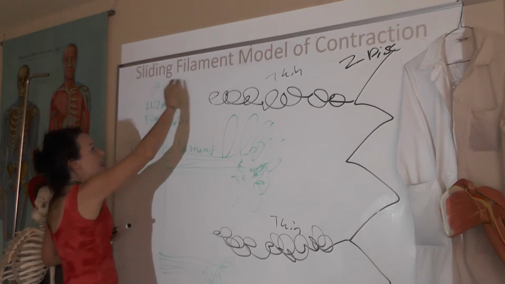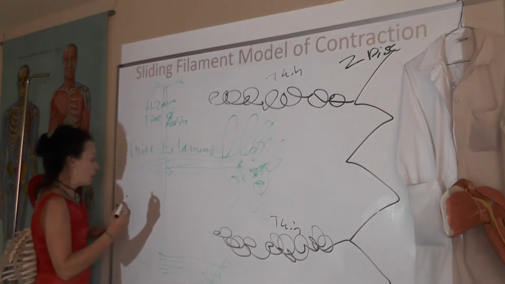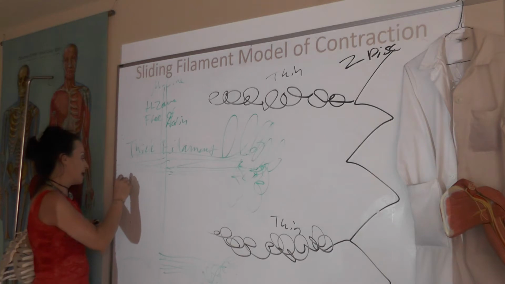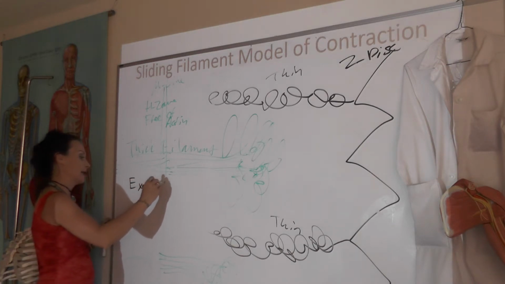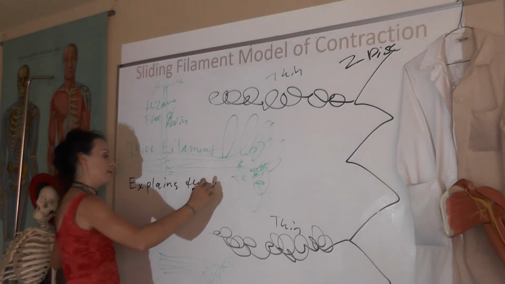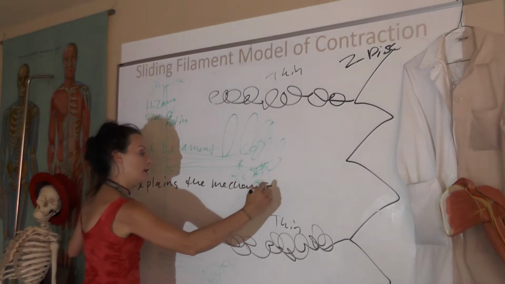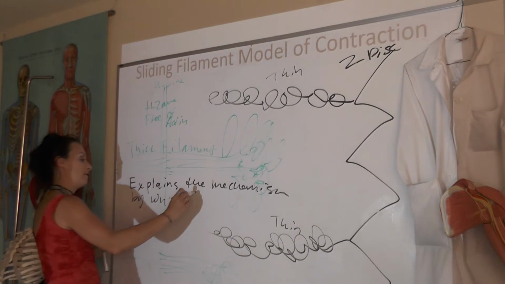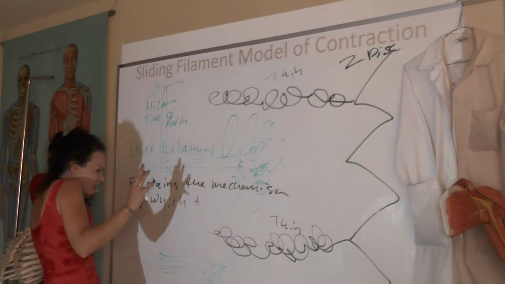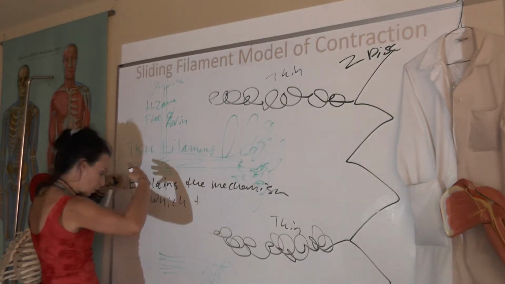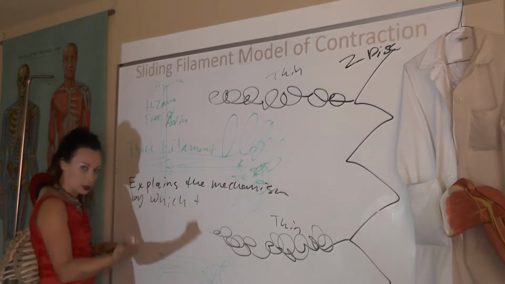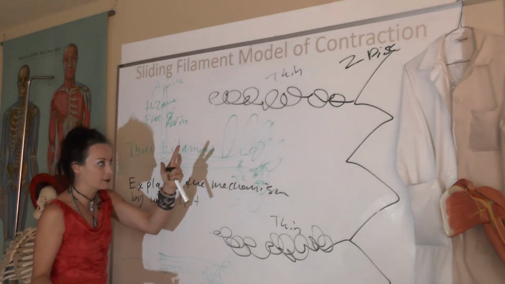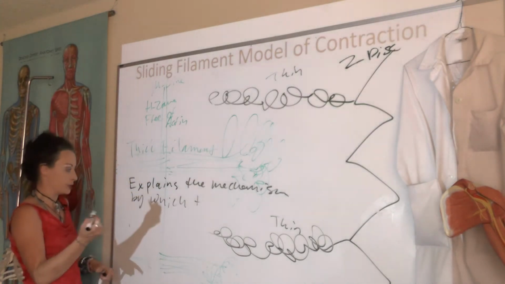So for our sliding filament model of contraction, we could say this explains the mechanism by which thick filaments slide thin filaments toward each other to shorten the sarcomere, contract the fiber, and generate tension.